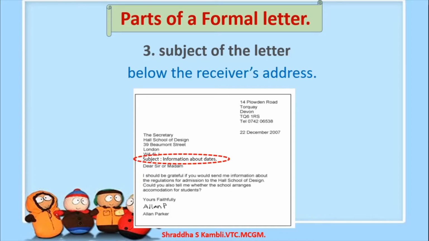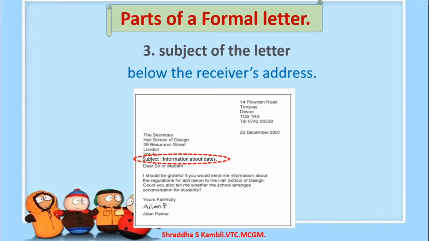Okay? And remember, the subject may be different. In this particular letter that the children are writing to their principal, what will the subject be? Regarding taking the books home. They want to take the library books home, isn't it? But the subject may differ according to the letter, or according to who is writing the letter. So this is part 3 of the formal letter.